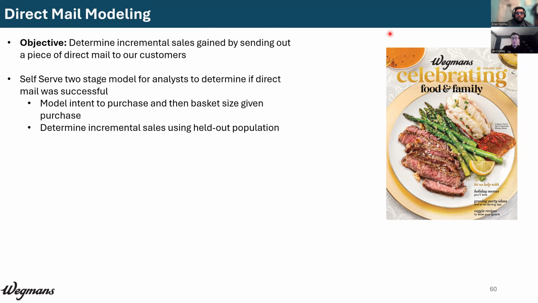This is actually a self-serve model, so the analysts are allowed to interact with it themselves. I'll go to that in a second. But it's a two-stage model. So first we model the intent to purchase, and then we model, given a purchase, what their basket size is going to look like. So this two-stage model is, one, very robust. Two, you can already see we're getting kind of bespoke, right, by building two stages of the customer behavior, and then we can use this to determine their incremental sales.